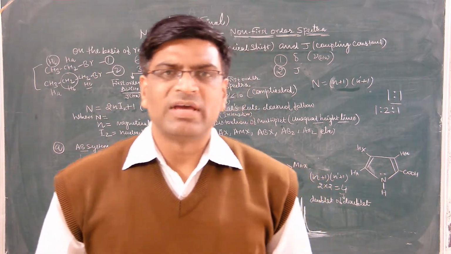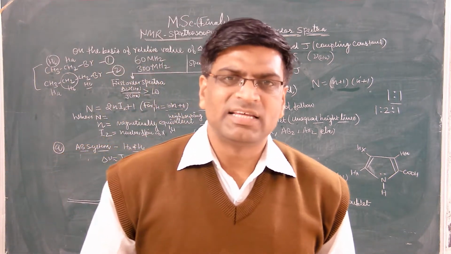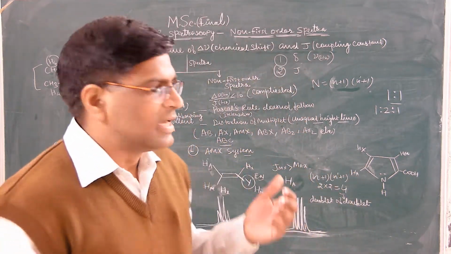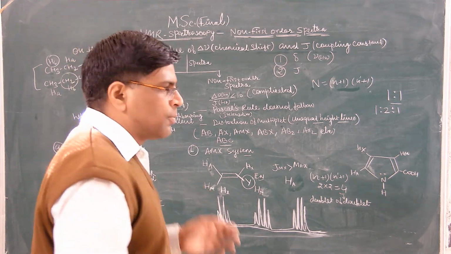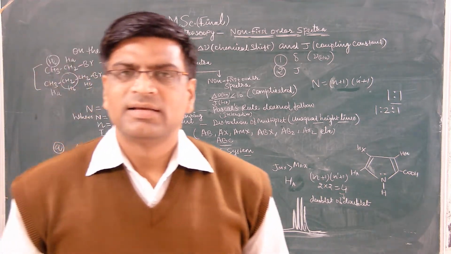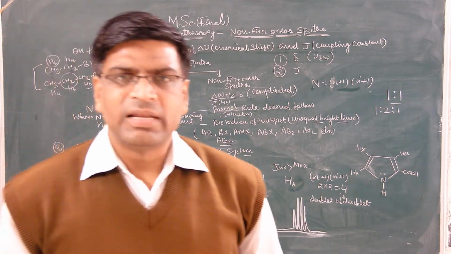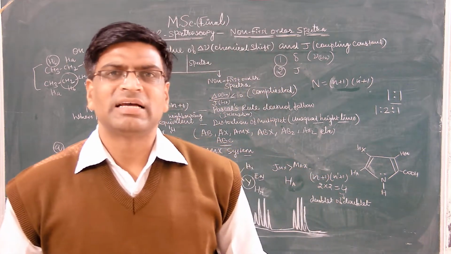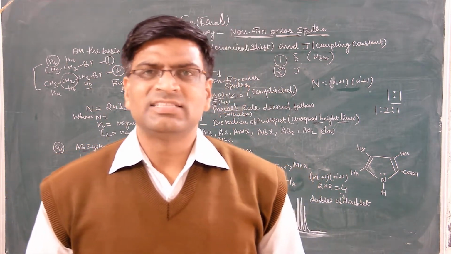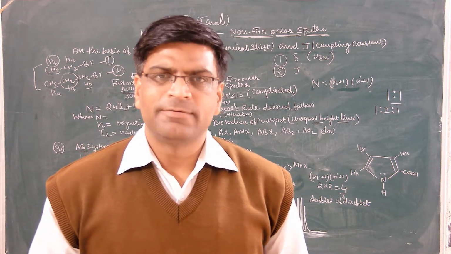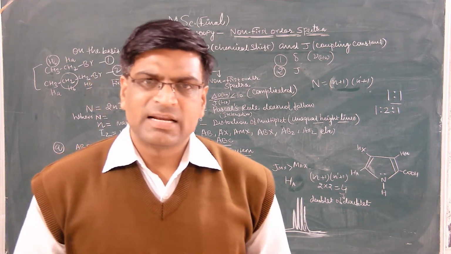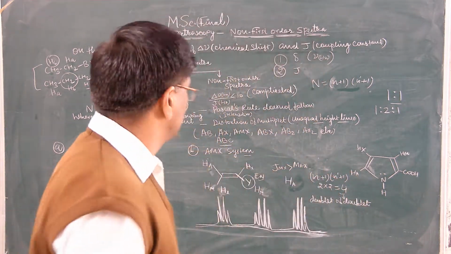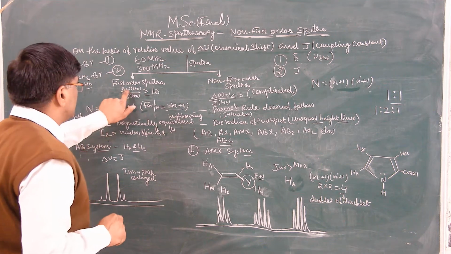You know very well that when we increase the field strength of the instrument, meaning the operating frequency, the value of the coupling constant remains constant, but the value of chemical shift in hertz changes. On increasing the operating frequency, J remains constant and delta nu increases.